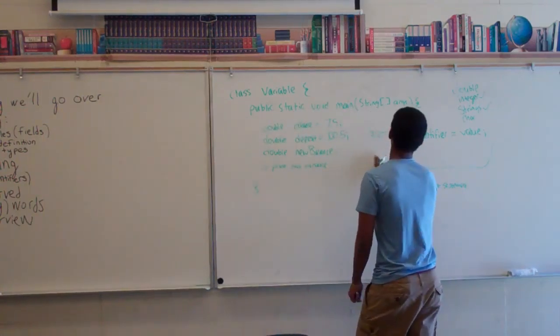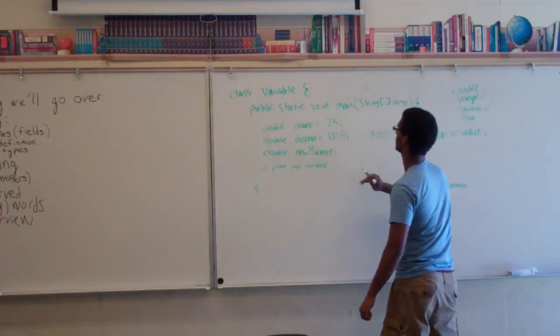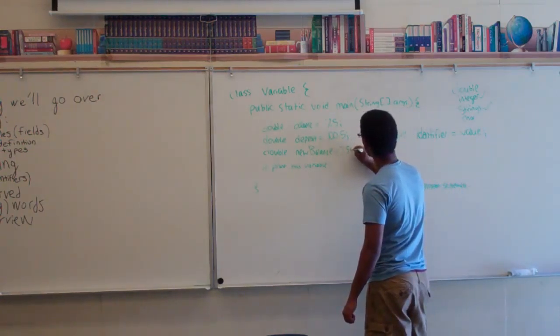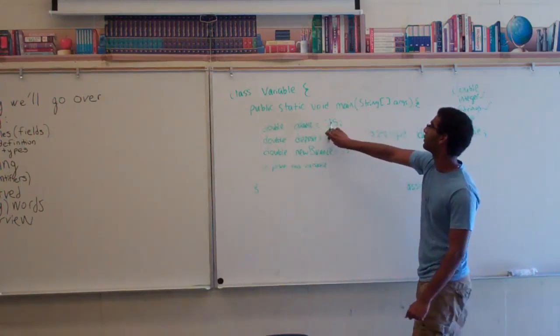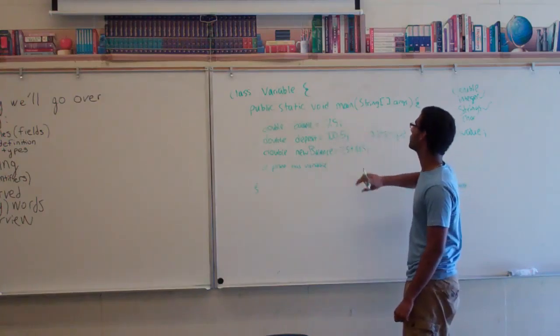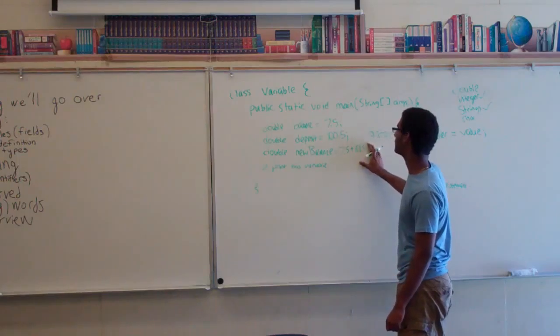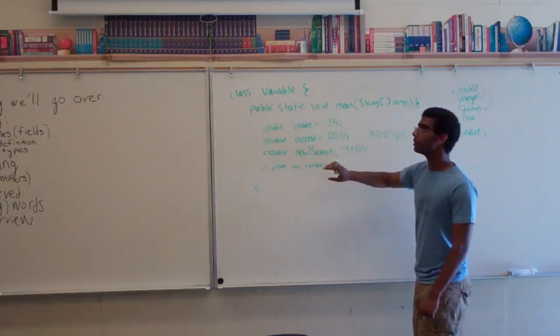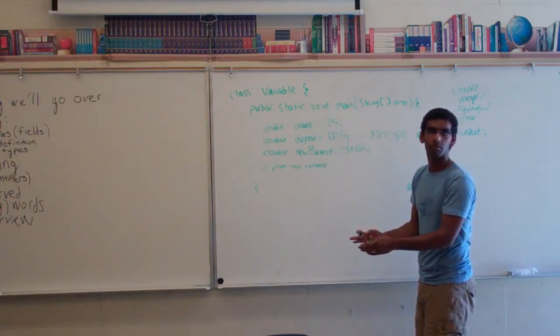Okay, and the problem with just writing 7.5 plus 100.5 is that if you want to go back and change the value of your deposit for whatever reason, you'd have to go and change this too. If we can somehow replace these with variable names, then you would only have to change your code in one portion and the rest of your code would reflect that change.